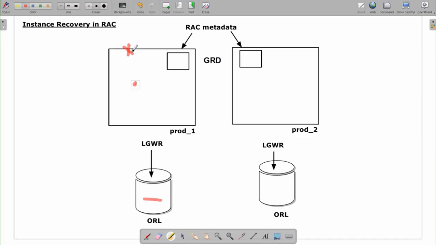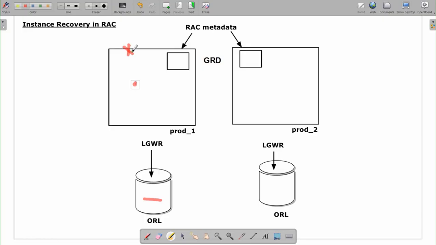If this were a single instance scenario, then as administrators, we would shut down the database instance cleanly and restart the database. When you restart, the SMON process identifies blocks to be recovered and automatically rolls forward and rolls backward to recover the instance.